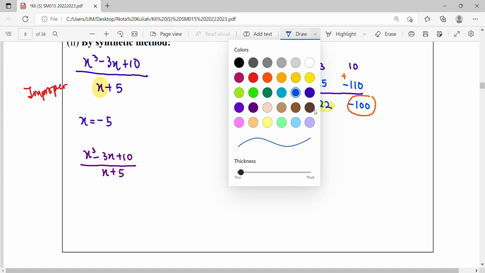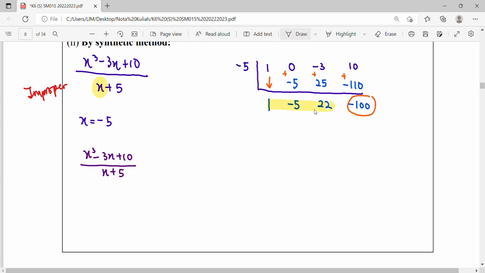So our quotient will be equal to 1x squared minus 5x plus 22. Why is it quadratic? Because when you divide cubic by linear, you will be left with a quadratic. x cubed divided by x leaves a quadratic x squared. For the remainder, it will be negative 100 over the divisor that you have, which is x plus 5.